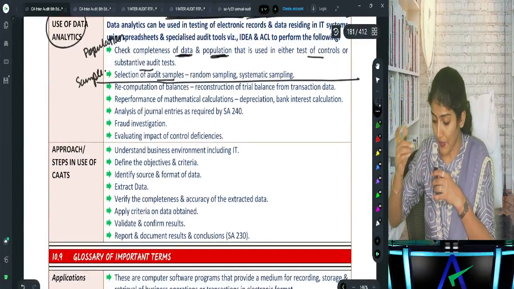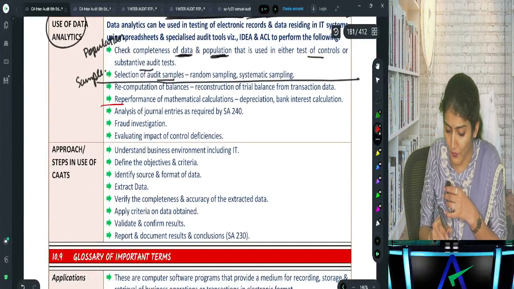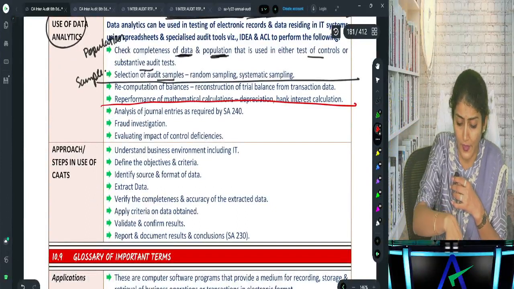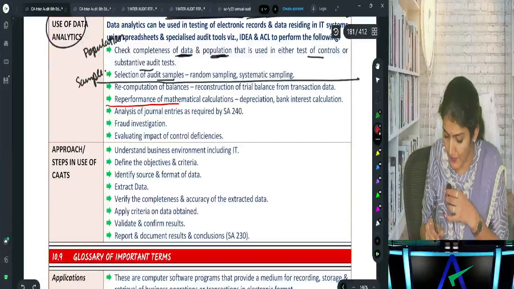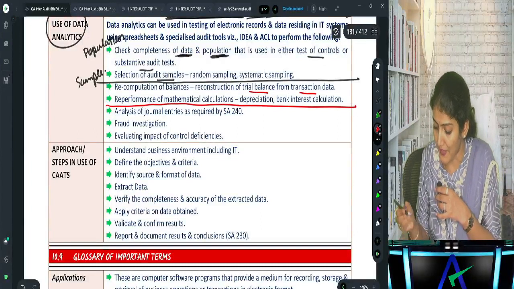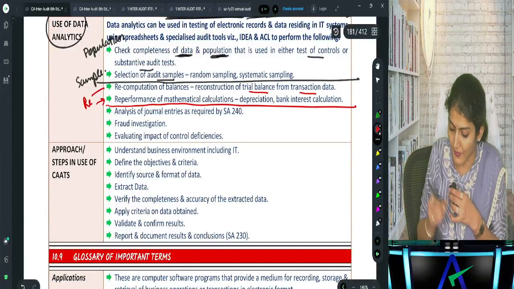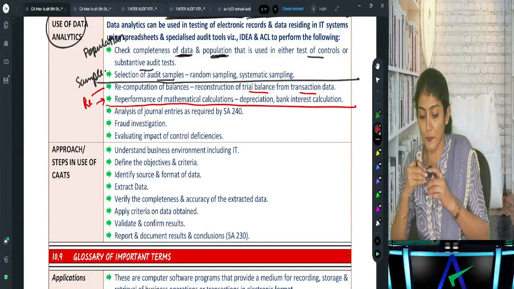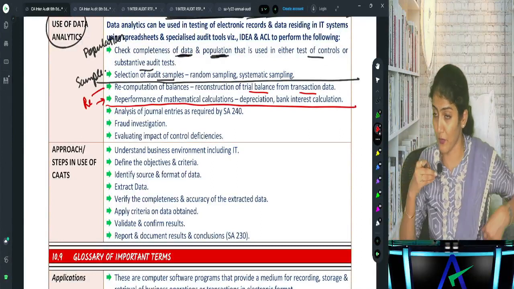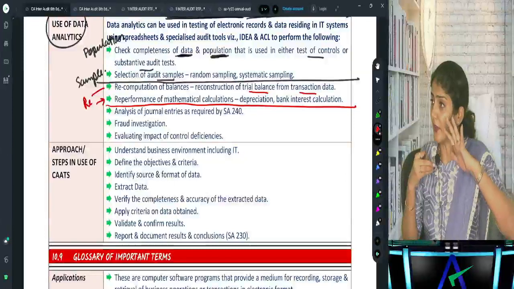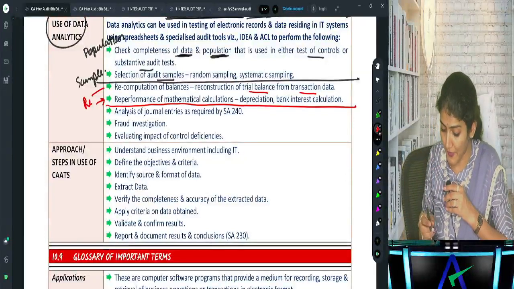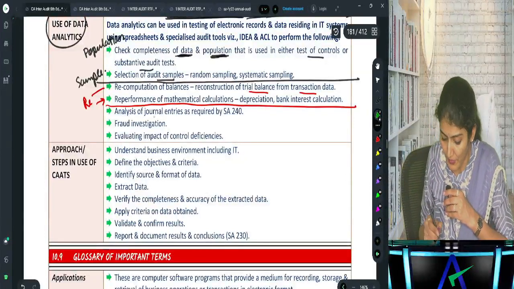Then after that you have the 2 points of recomputation of the balances, that is reconstruction of the trial balance from the transaction data, and reperformance of the mathematical calculation like depreciation, bank interest calculation, etc. So recomputation and reperformance. Then you have the analysis of the journal entry.